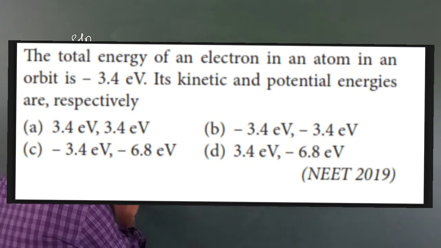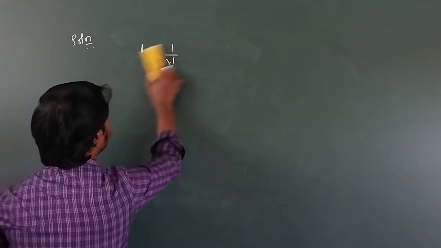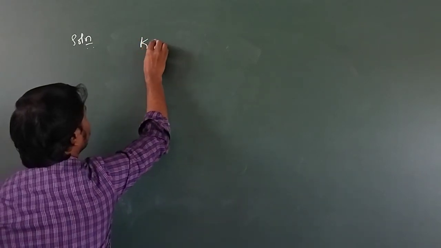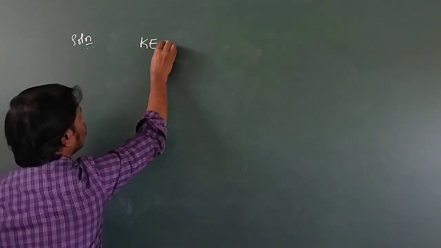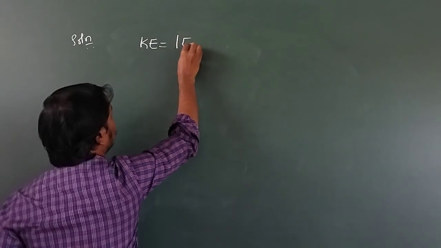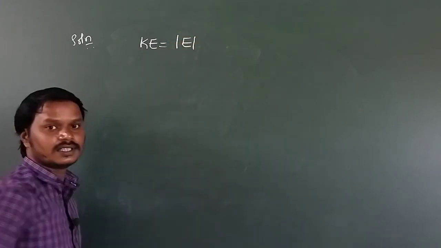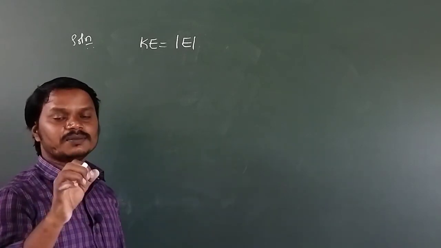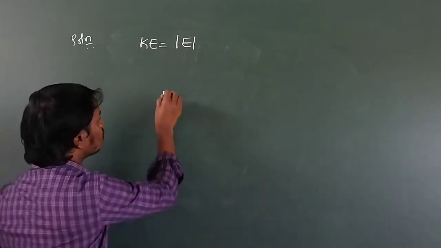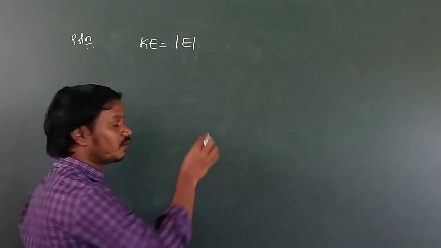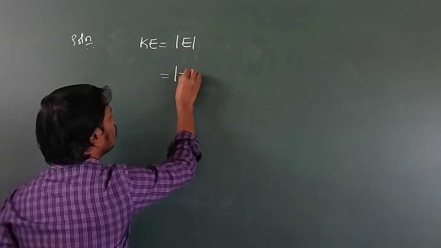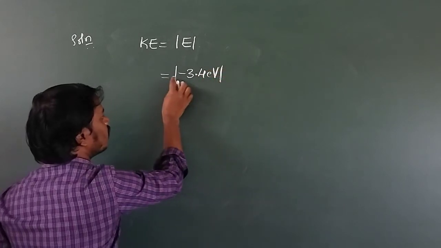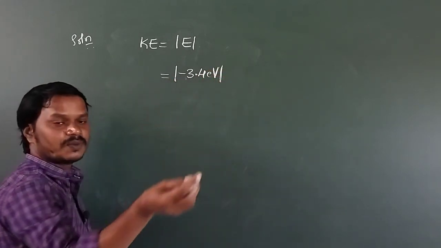So see here. One thing remember, the kinetic energy is equal to the mod of total energy of the electron in the given orbit. What is the total energy of the electron in the given orbit? That is minus 3.4 electron volt. Mod of minus 3.4 electron volt, the mod of negative gives positive.